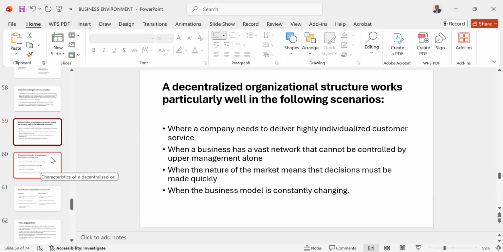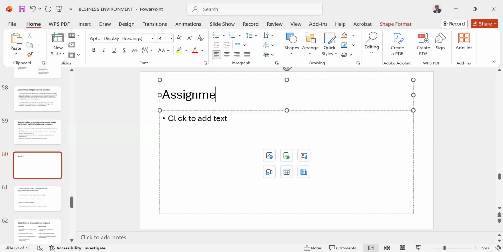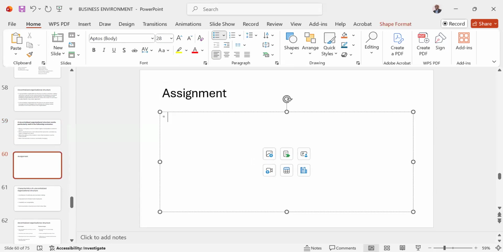Okay, so I want to give you an assignment. So your assignment is to check out the matrix structure, matrix organizational structure.